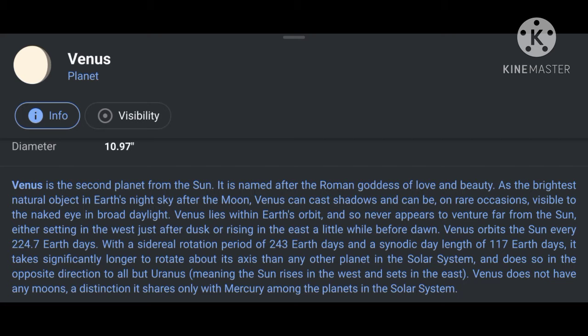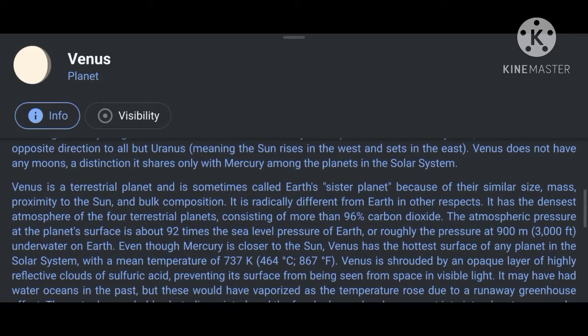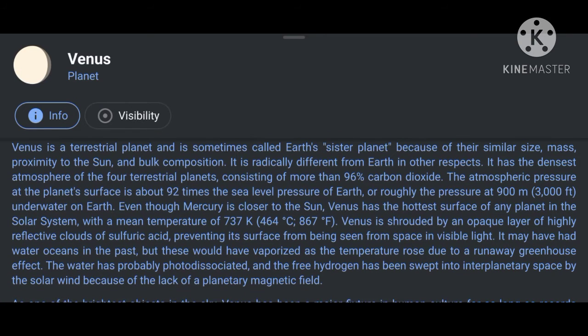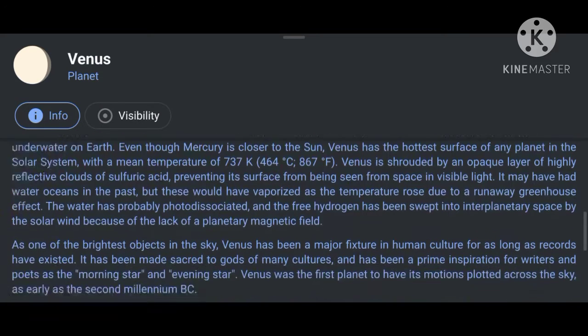Venus orbits the sun every 224.7 Earth days. It is also a terrestrial planet that is sometimes referred to as Earth's sister planet because of their similarity in size, mass, proximity to the sun, and bulk composition. It also has the densest atmosphere among the 4 terrestrial planets, consisting of 96% carbon dioxide.